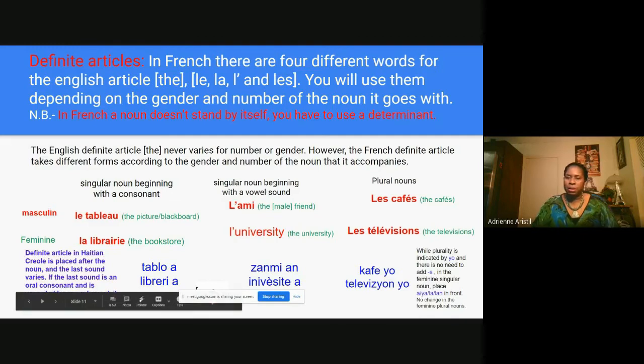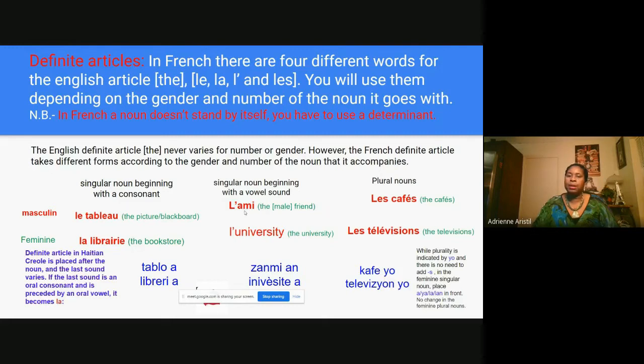For a singular noun beginning with a vowel sound, you will use l'apostrophe. L'ami, without the E, is the male friend.